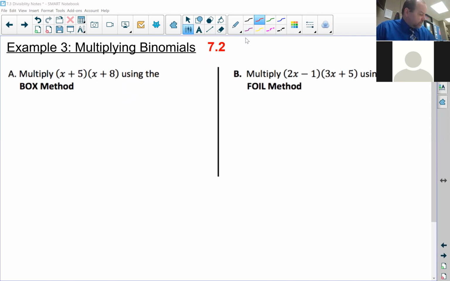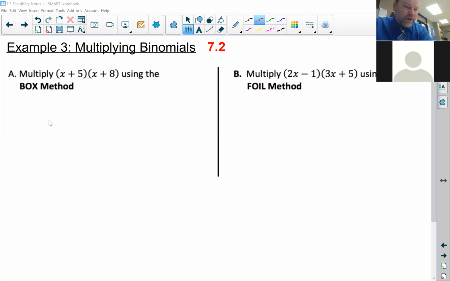We talked about the box method and we talked about the FOIL method. Again, both methods work. It does not matter which one you use. So use whichever one you're most comfortable with. I'll show both. The box method for this first one.